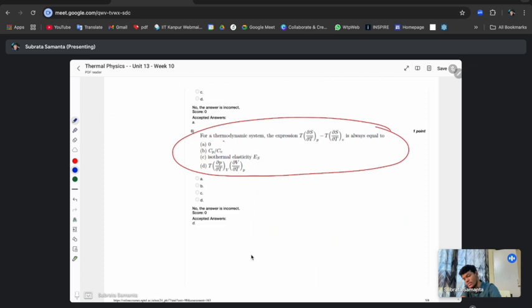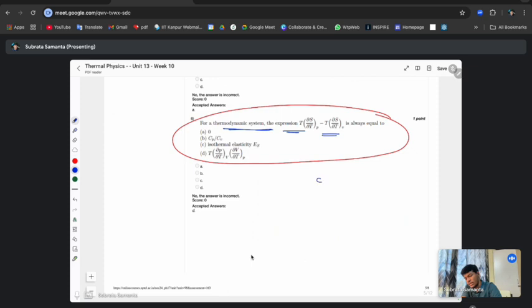For a thermodynamic system, the expression T del S del T at constant P minus T del S del T at constant V is always equal to, okay, this is basically your Cp minus Cv.